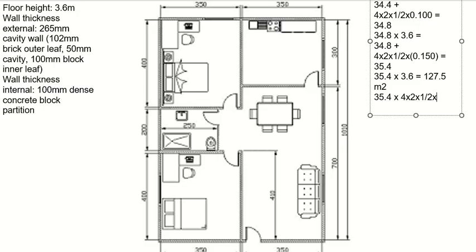Half of the cavity and the outer wall. The cavity is 50 and the outer wall is 102. You are at the center of the cavity, right? You have to add the half of the cavity as well. 102 plus 50, 152.